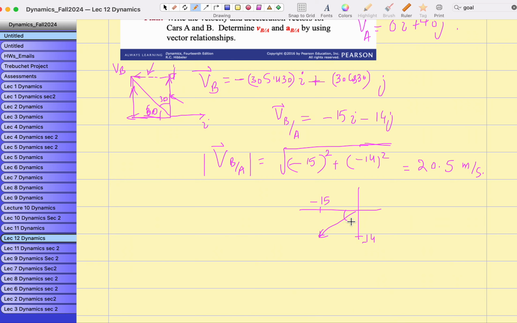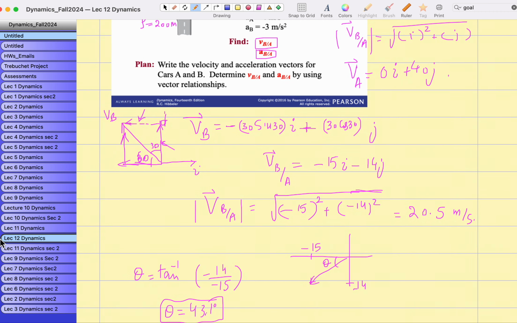So this is my vector. Theta equals tangent inverse, negative 14 in the numerator, negative 15 in the denominator. You get theta equals 43.1 degrees. So this is the first answer. Have you understood up until here? Okay, let's find out the second answer.